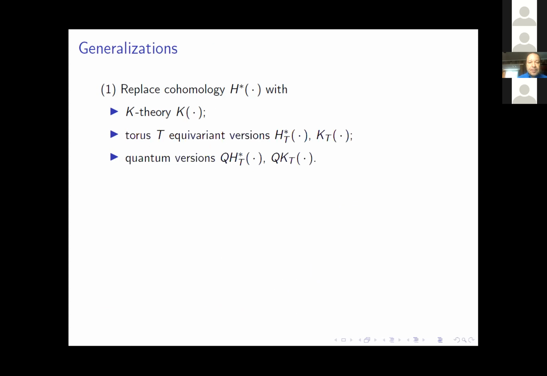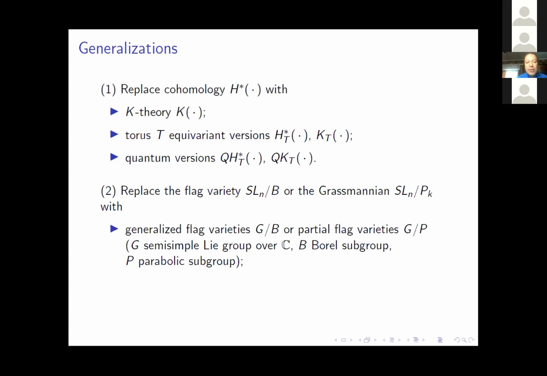Another way to generalize is to replace the variety, the flag variety I talked about, SL_n mod B, or the Grassmannian SL_n mod P, with the generalized flag varieties G mod B or partial flag varieties G mod P. And here G is a semisimple Lie group over the complex numbers, B a Borel subgroup, and P a parabolic subgroup.